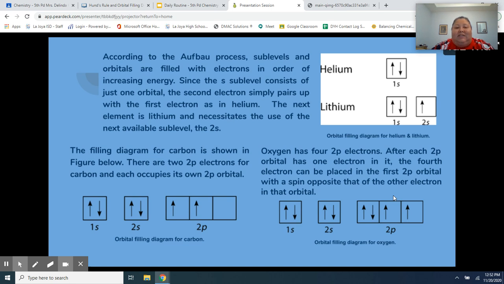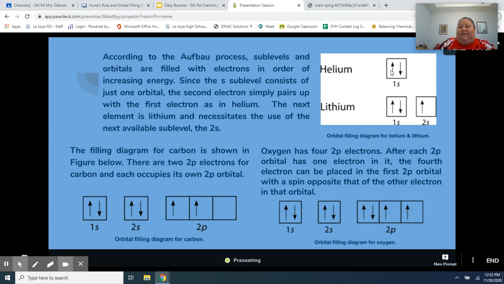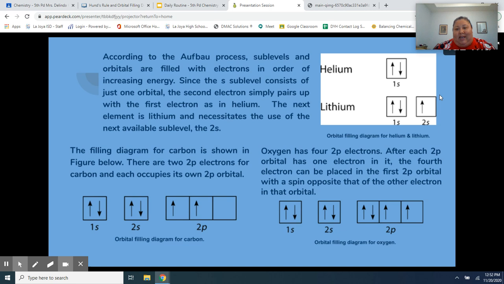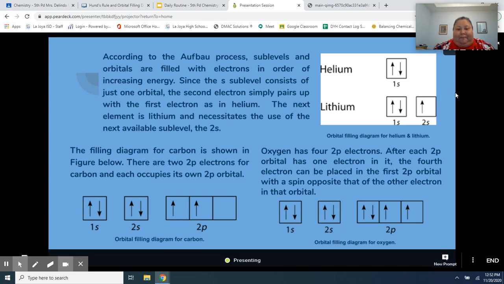The next element is lithium and necessitates the use of the next available sublevel, the 2s. So helium has 2 electrons, they go in the 1s. But for lithium, I got 3 electrons. My 1s is full. I cannot add a third electron into that orbital. It has to move into the next orbital, which is 2s. Very, very good.